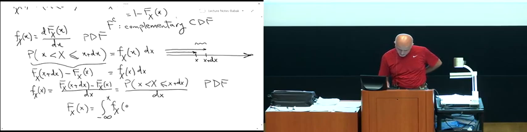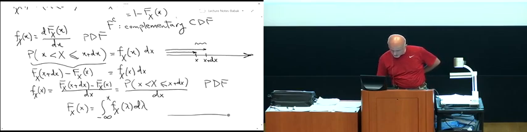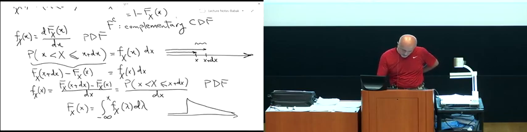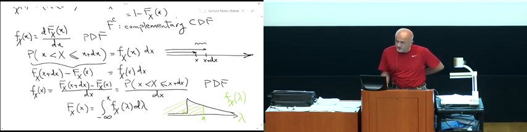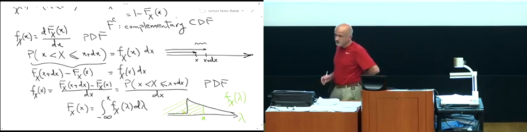I have to use a dummy variable here, so I'll use lambda, d lambda. So if I have some probability function, let's just say an exponential, then the integral of f_X of lambda, the green area, is the CDF.